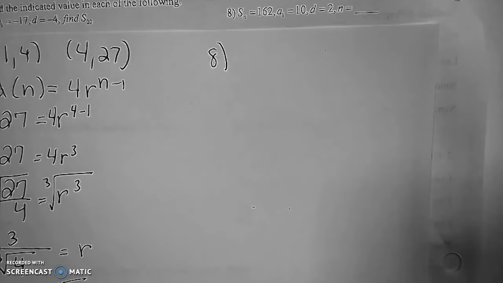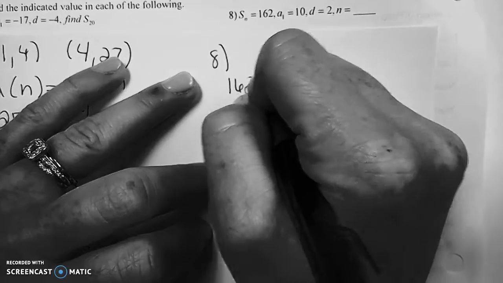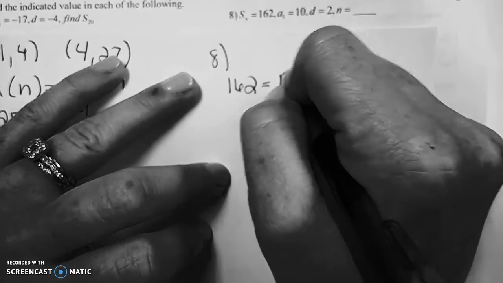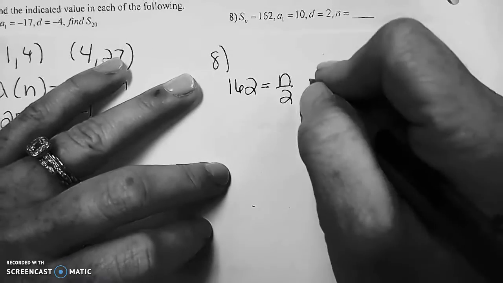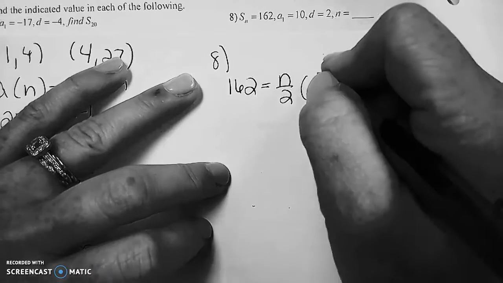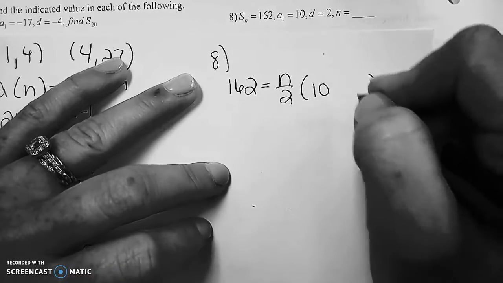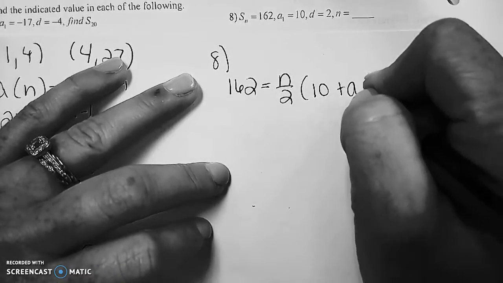I had a few of you ask me about problem 8. So as I look at 8, I know the sum. I do not know n, so I can't find how many pairs, or what each of those pairs will add to. I do know A1, but I don't know A sub n.